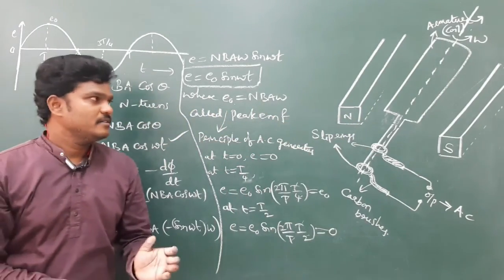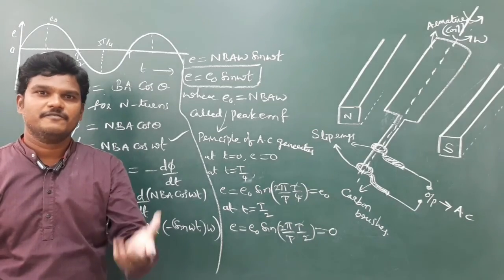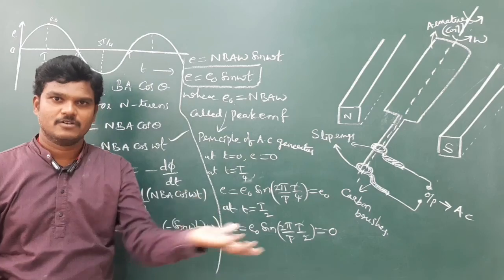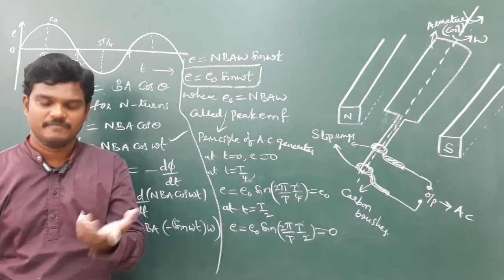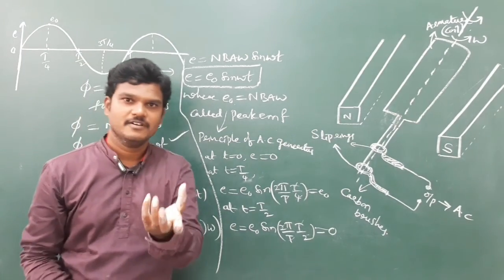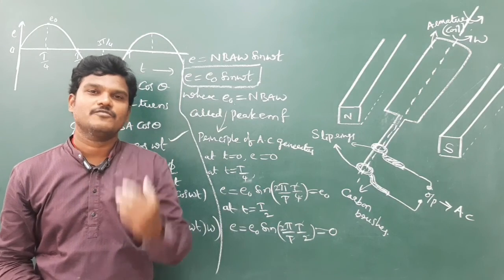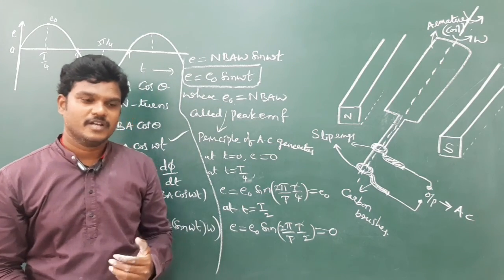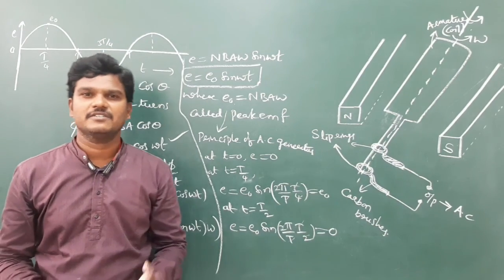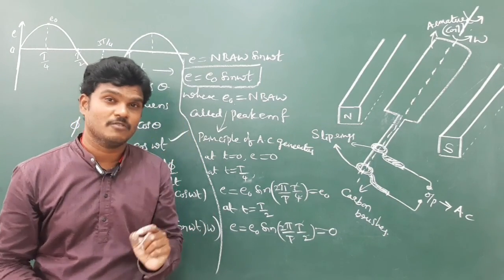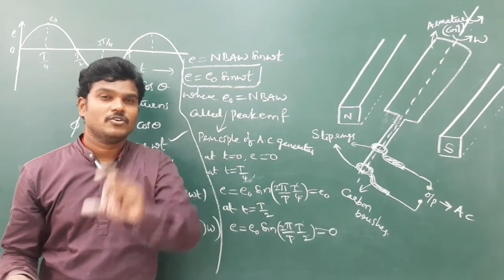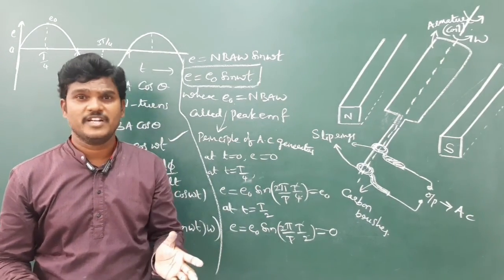After motional EMF, we calculated the motional EMF when a rod rotates, and we got the formula half B omega L square. Later we entered into self-induction, and some good level of questions were also covered. I calculated velocity as a function of time and velocity as a function of displacement.